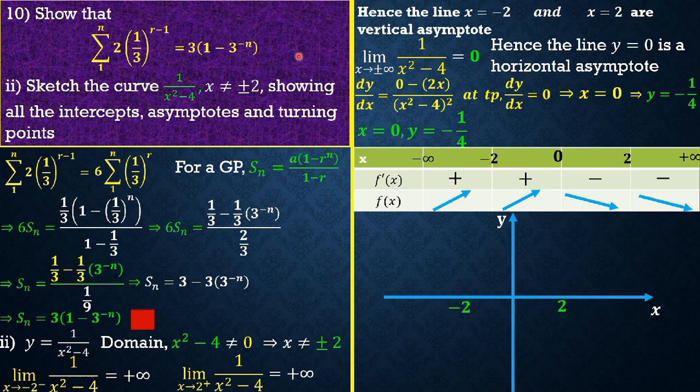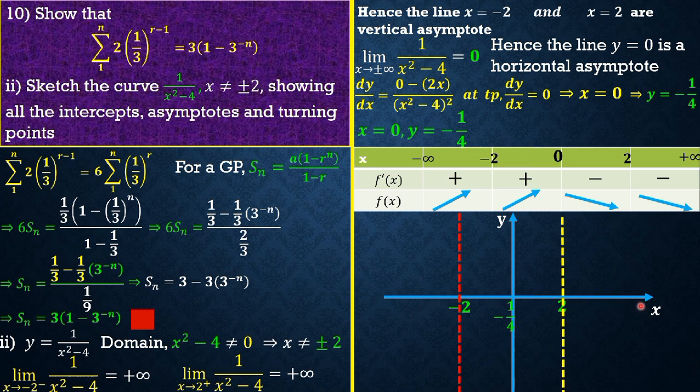So we have an asymptote at x equal to -2, with red broken lines, and at x equal to 2, in yellow broken lines. Since our asymptote y equal to 0 is just the x-axis, we don't need to indicate it.